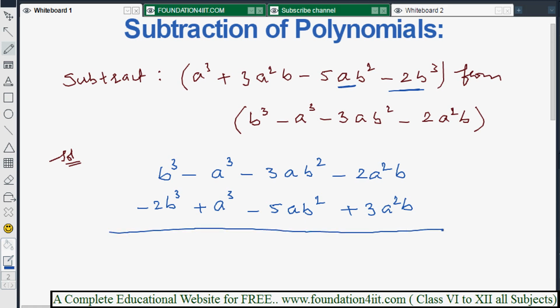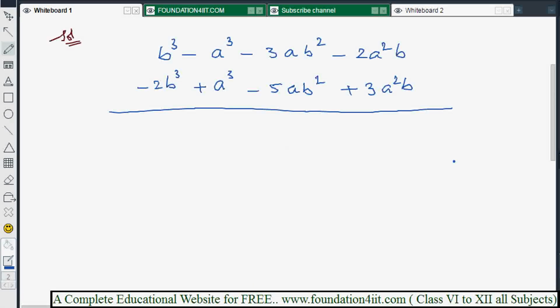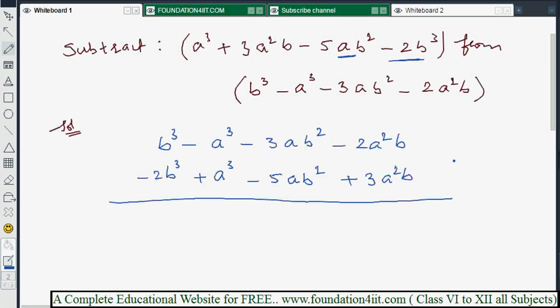Now change the sign of each term in the second polynomial. It's very important: we need to change the sign of the second one because we are going to subtract it. If it is minus 2b cube, it becomes plus 2b cube. Plus becomes minus, minus to plus, plus to minus.